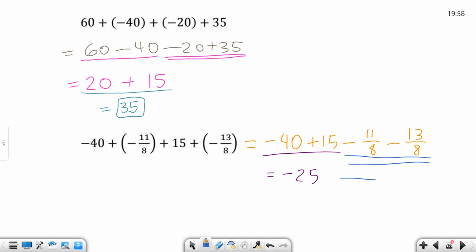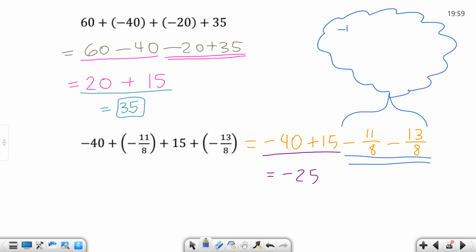And then I'm going to put these two things together. The good thing is there's already a common denominator of 8. I could write my negative 11 minus 13 up here, but if you don't like that, we can take this up in a thought cloud and figure it out.